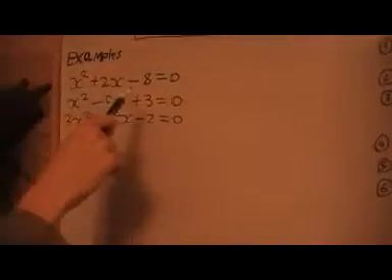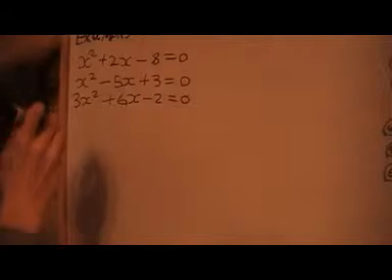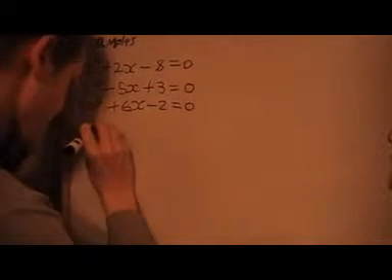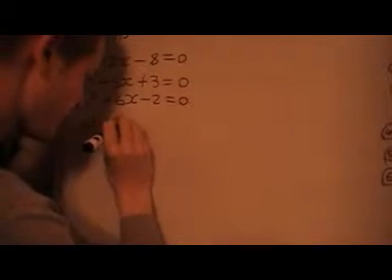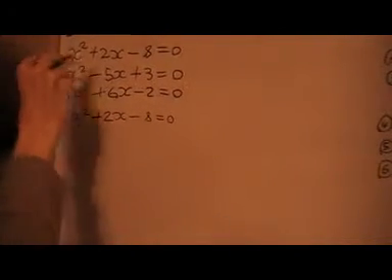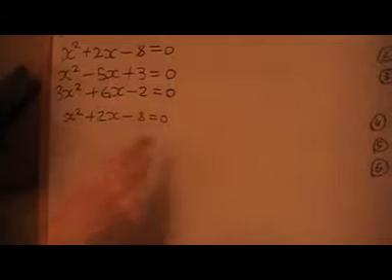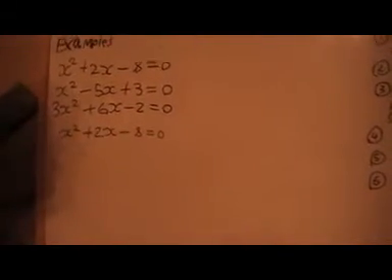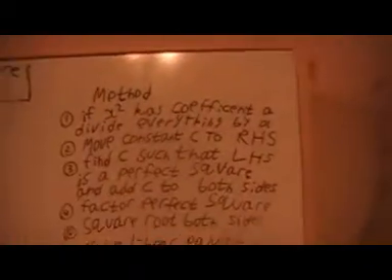Here's the first example. I've got x squared plus 2x minus 8. I'll write it down again down here so I've got more room and you can follow it easier. The first thing it says is if we've got a coefficient a in front of the x squared.